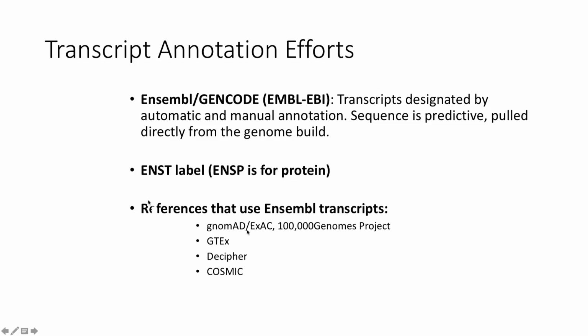So you often have to search using genomic coordinates to be sure that you're finding the right variant. And a big difference between Ensembl and RefSeq is that the sequence is predictive for Ensembl, and it's pulled directly from the genome build. So it's aligned directly to the most recent genome build. All of these references currently, gnomAD for sure, use GRCh37, but hopefully everything will be migrating soon to 38.